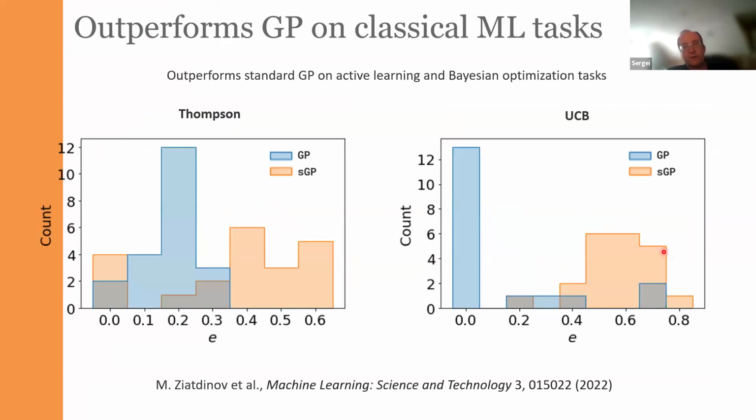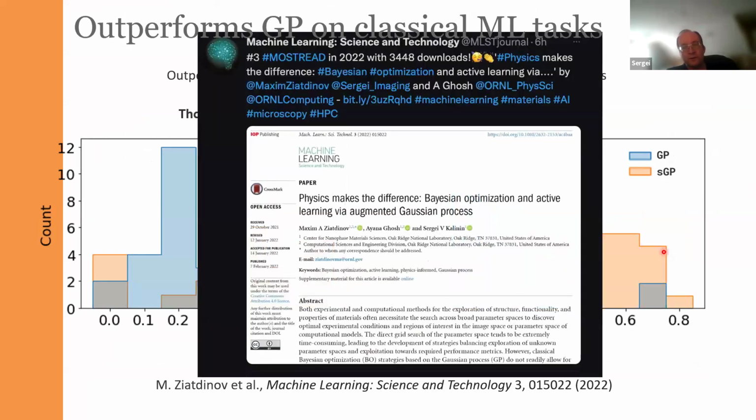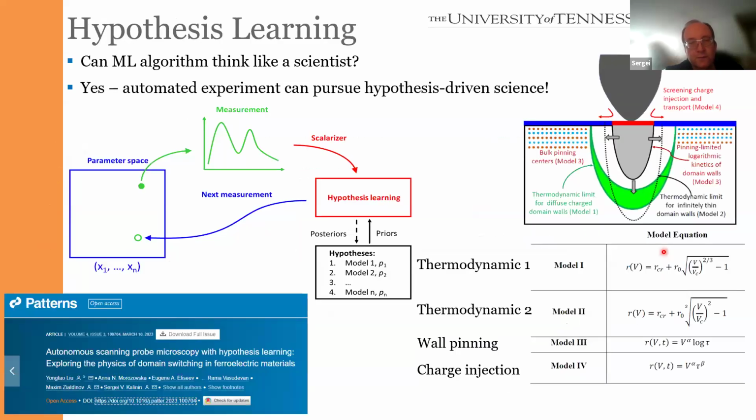We have experimented with this quite a lot, trying to benchmark it against the standard GP and Bayesian optimization, and it turned out that it works reasonably well. You can read a paper about it in MLST from about 2 years ago. But then the question becomes, can we run it in a real-world scenario?